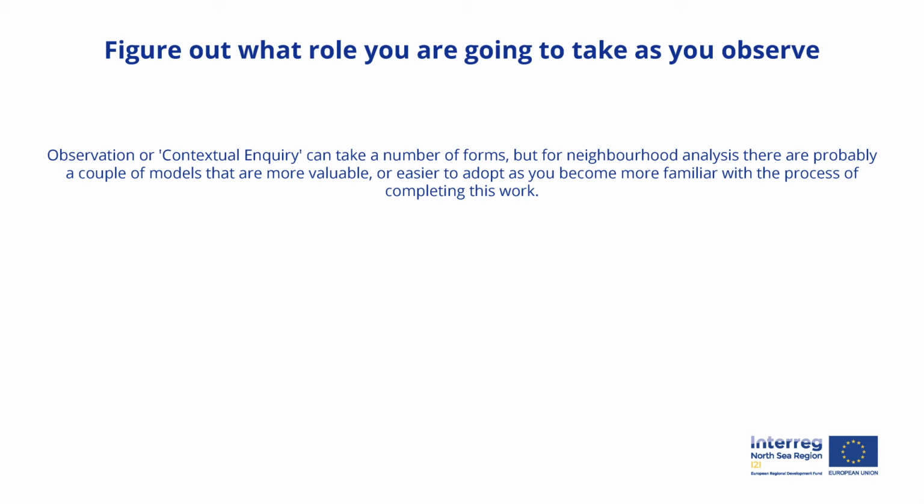And that obviously relates, as we've been discussing, to the type of problem that we're looking at. If we're basically going out in a street in your local town, and we've chosen that as our neighborhood, it will be quite possible to be relatively passive, but still see plenty of things.